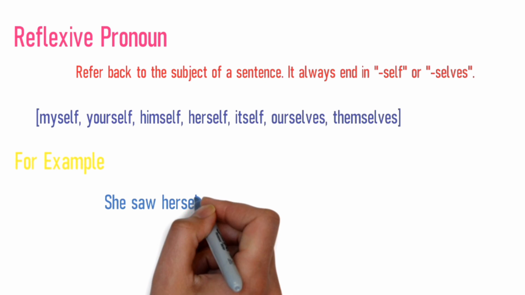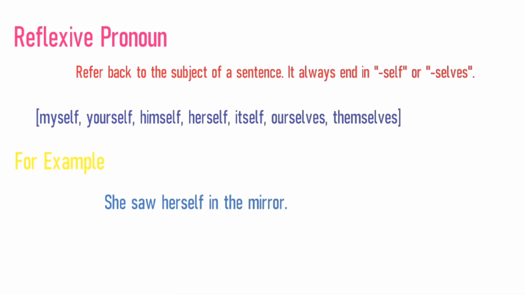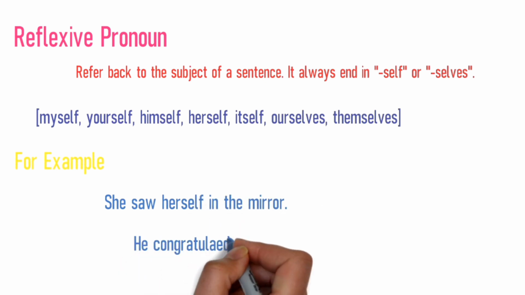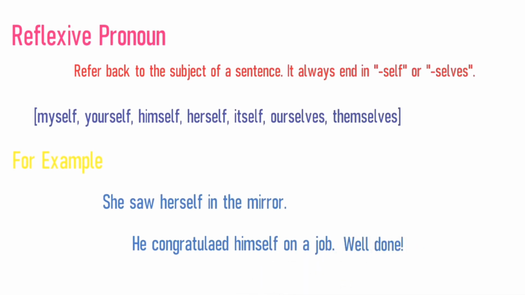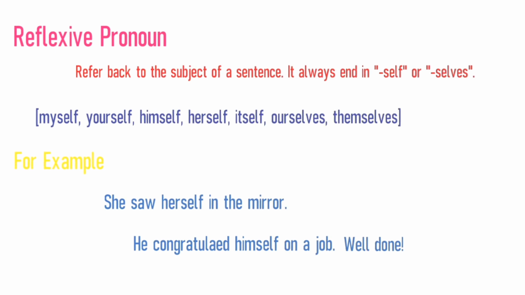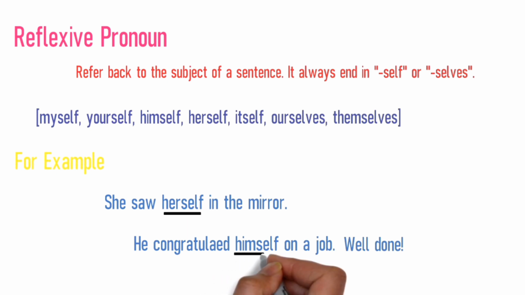"She saw herself in the mirror." "He congratulated himself on a job well done." In both these sentences, herself is referring back to she, that she herself looked in the mirror, and himself is referring back to he, that he is congratulating himself. So both herself and himself are reflexive pronouns.